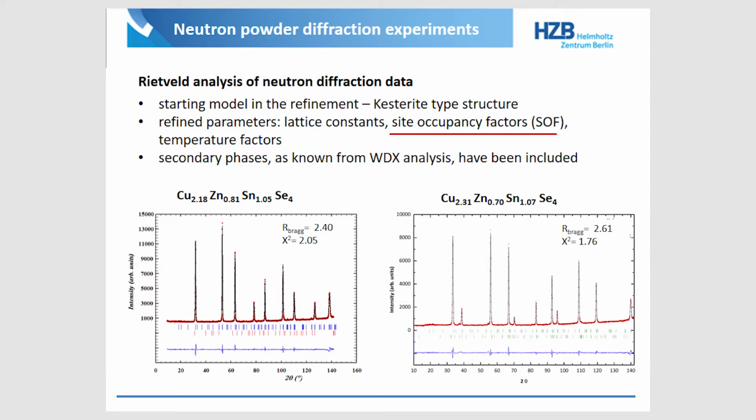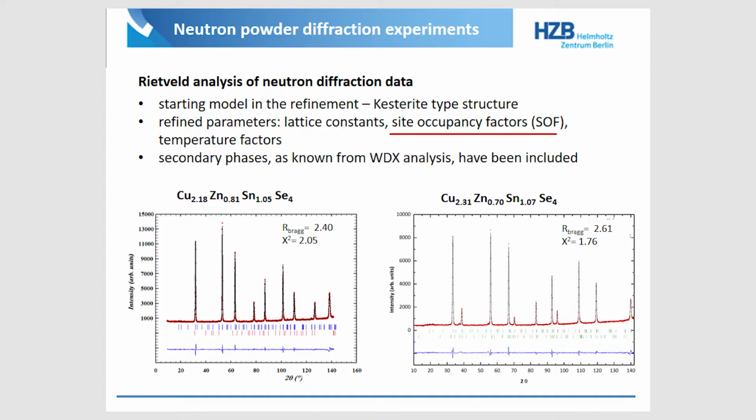Then we do the neutron diffraction experiment. We measured a lot at the research reactor in Berlin, but also at Oak Ridge at the SNS, the spallation neutron source. Then we do the Rietveld analysis of the data. That means it's a full pattern refinement. You have to put in a starting model for your structure, so we use the Kesterite-type structure as the starting model, and then you refine the parameters.